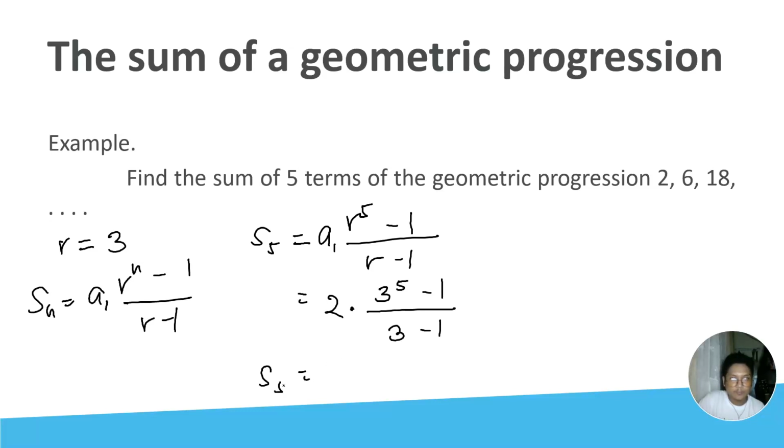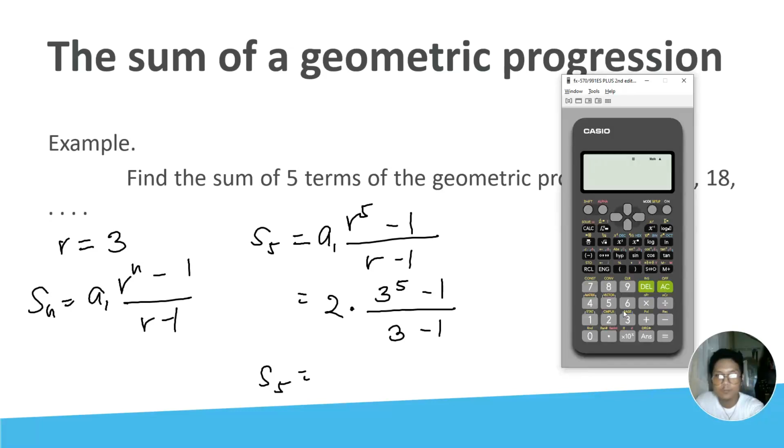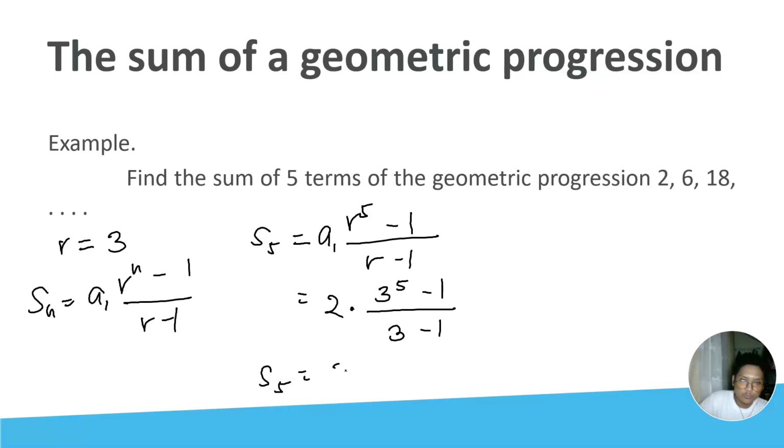Simplify. Or, calculator na lang. Sige, calculator na lang. 2 times 3 raised to 5 minus 1, over 3 minus 1. 242. Okay. 242. Next.